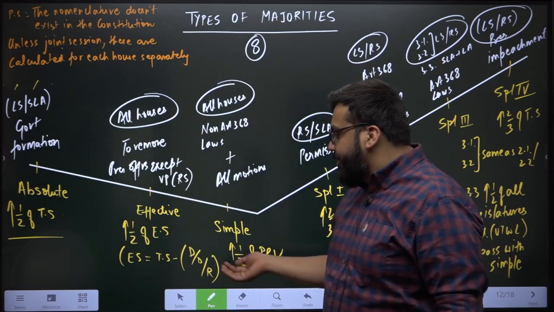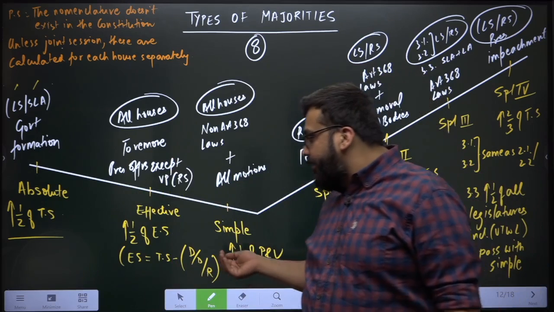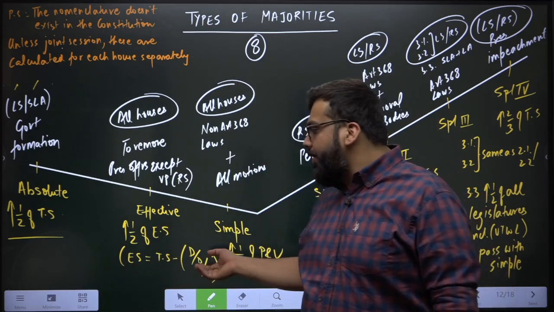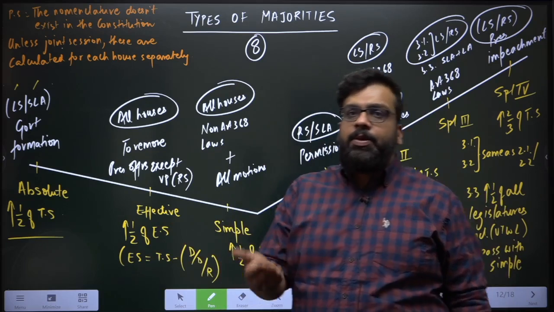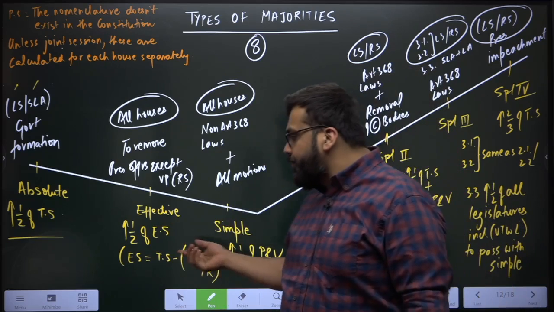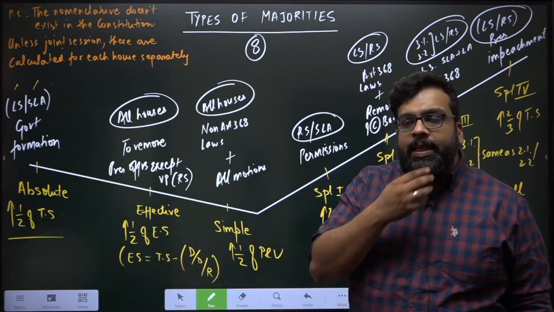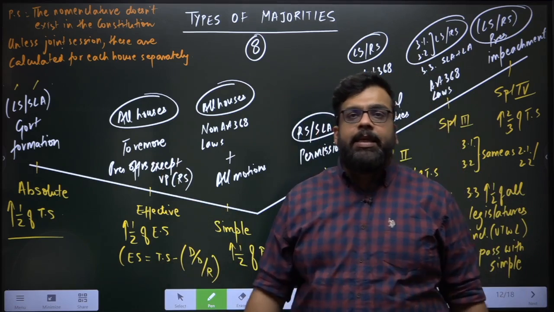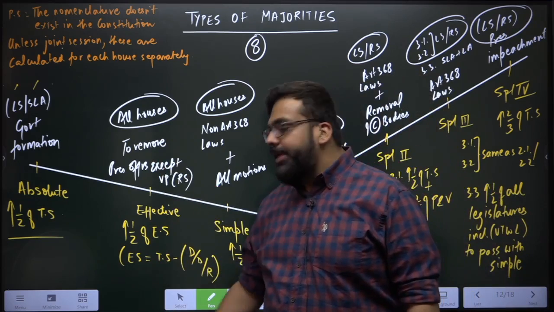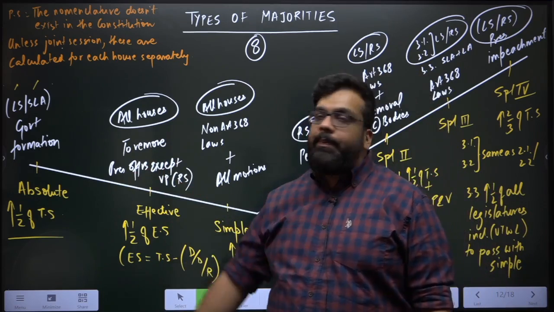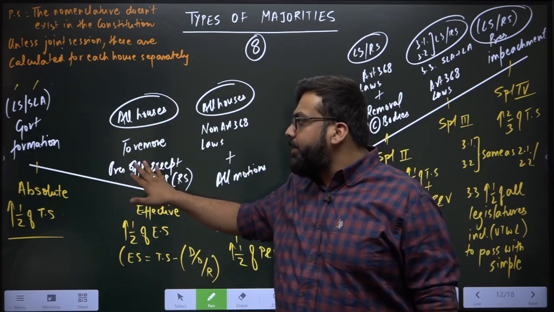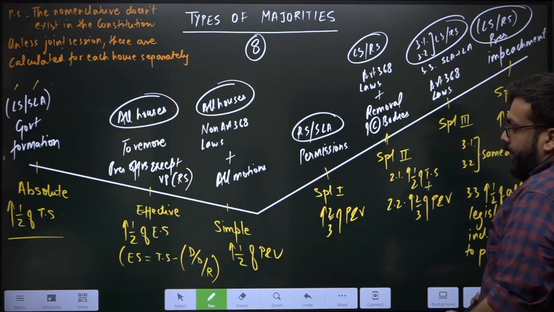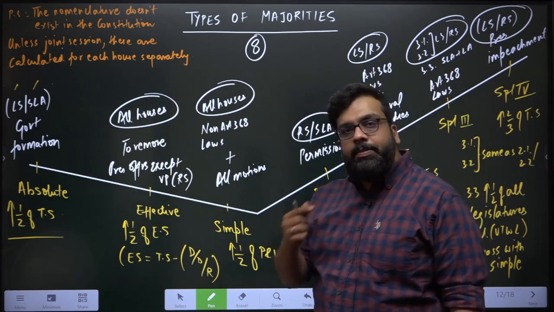If you have shifted schools, or taken a withdrawal from the class, you have no right in judging whether the class monitor was a good monitor or not. And if we counted the total strength, it would be more difficult to remove class monitors because it would be a larger number. So that is why you use effective strength to remove presiding officers for all houses except the chairperson of the Rajya Sabha, right?